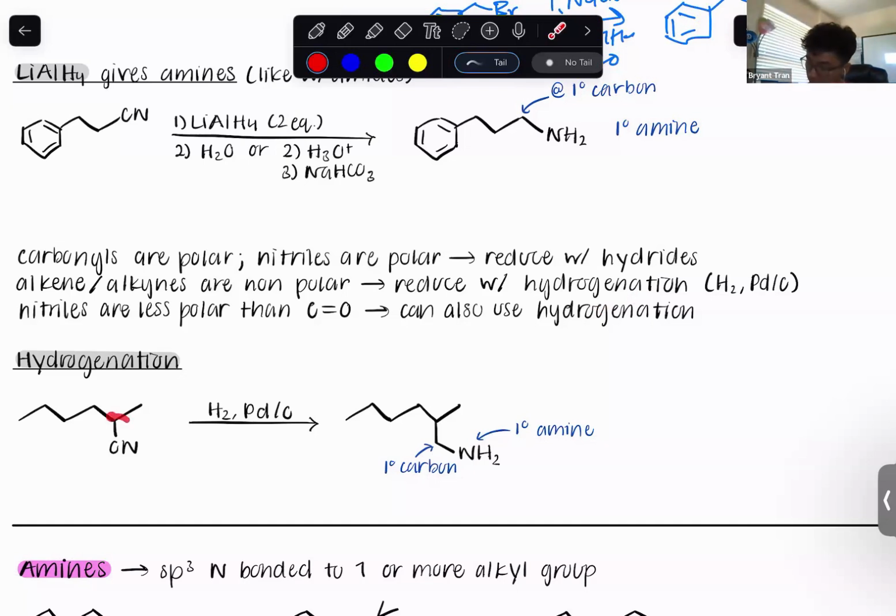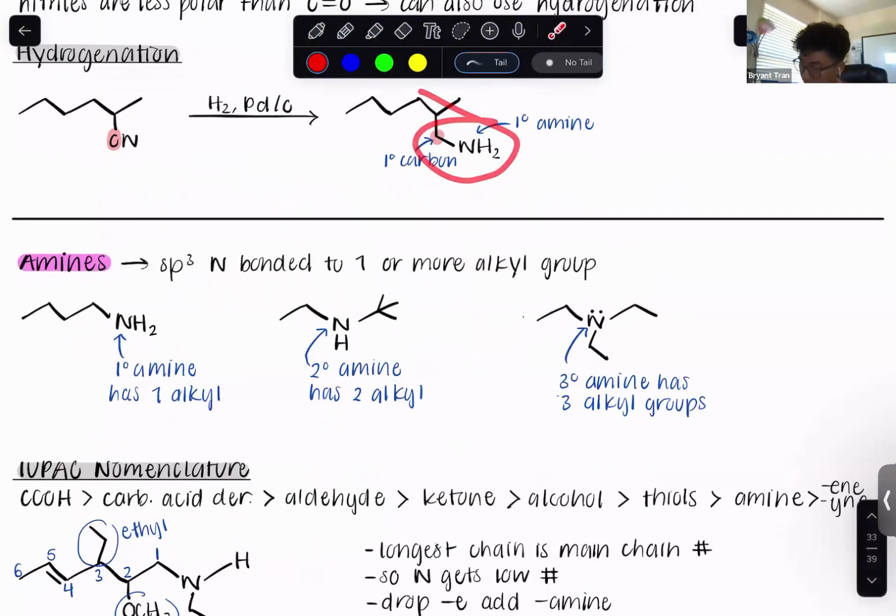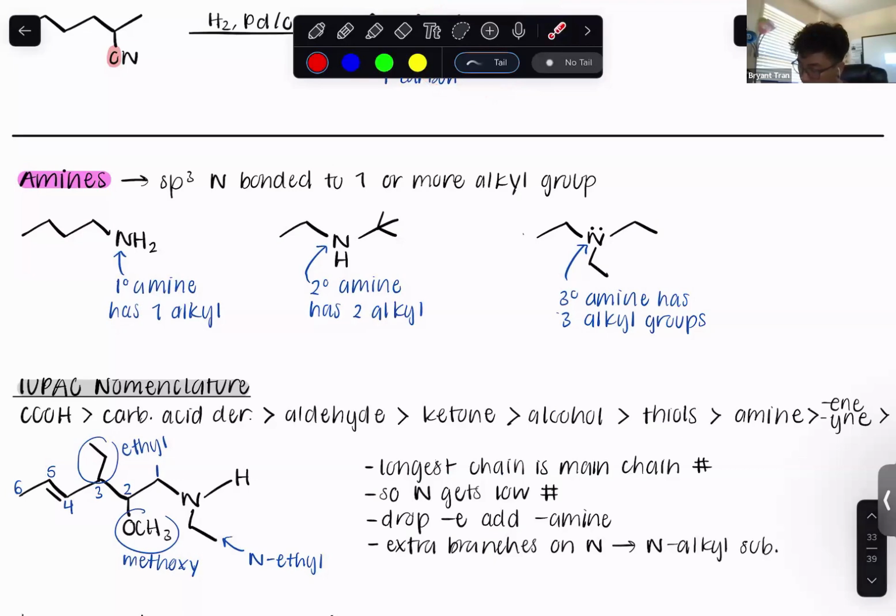So like this right here, instead of using LiAlH4, we could use hydrogenation reagents, H2, Pd/C, to reduce the CN to this NH2 right there, right? Where the C of the CN right here is going to be that C right there of the primary amine, like that. Okay. Now, we could move on to chapter 21, which is going to talk about amines.